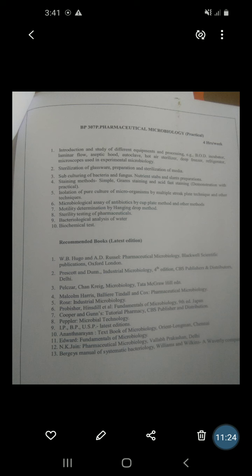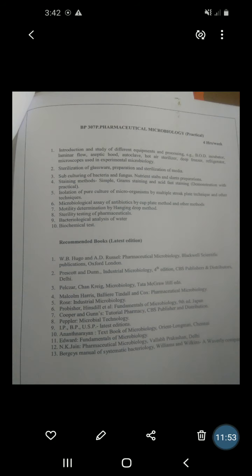The microscope is required for those things which are unable to be seen by your naked eyes. At that time the microscope is required, so that we can see the micro objects.